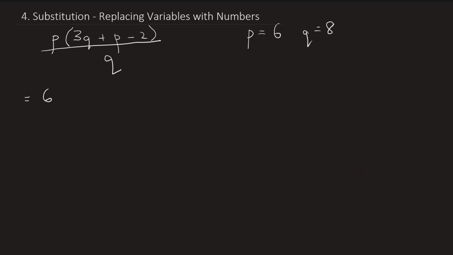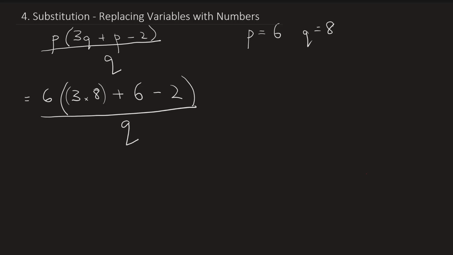This is going to equal 6 outside of 3 times 8. You can put small brackets in here as well to help out. Plus p is 6 minus 2, and let's close this up, over q.